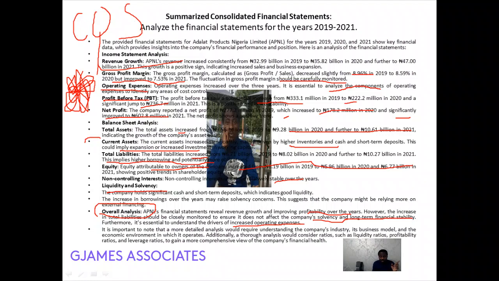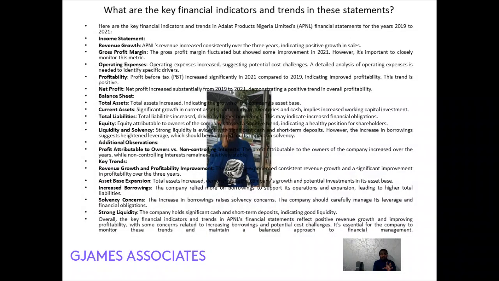Professor Michael Porter's generic model. So those two business models, quickly review them on the GJAMES Associates platform for CSME. You will find them there, because with this precinct we are looking at, most likely that aspect of question will come out.